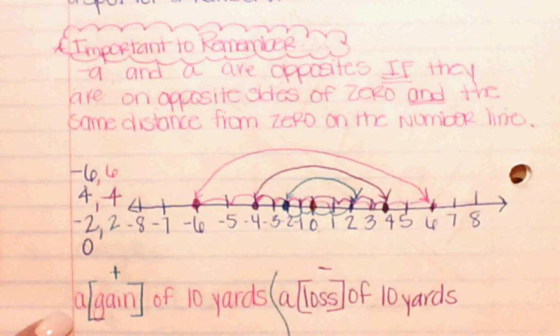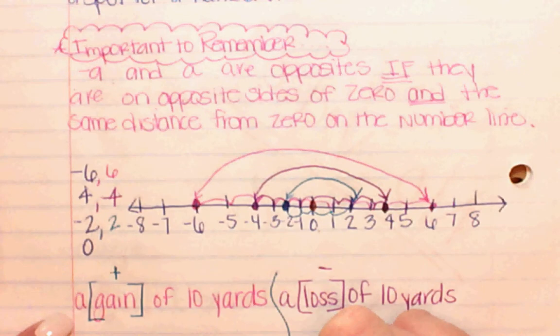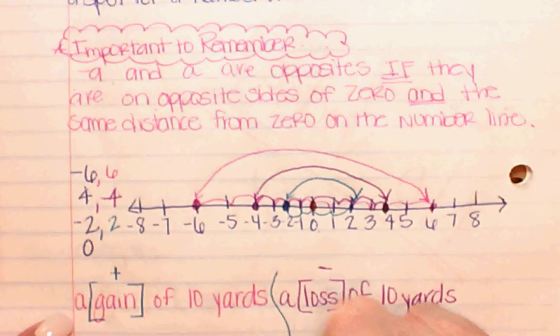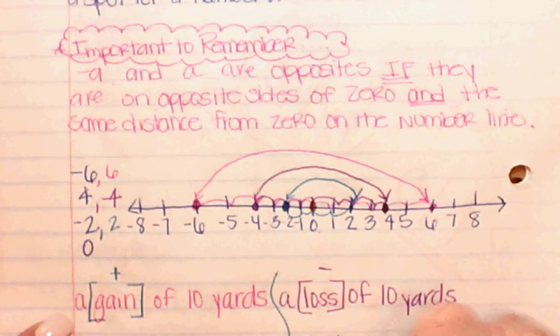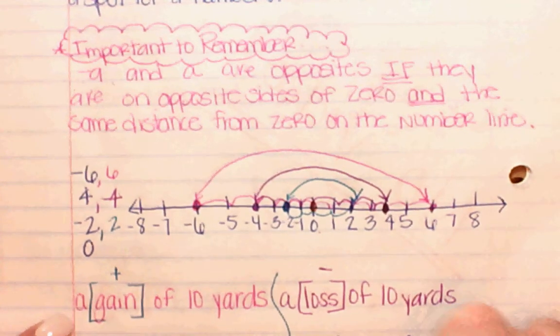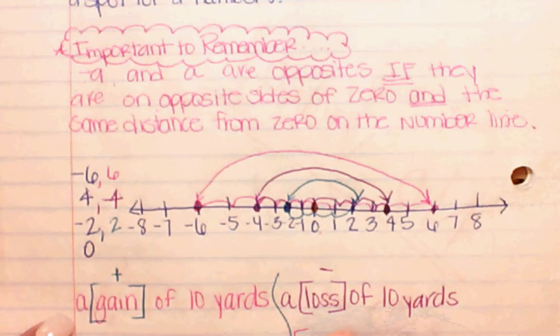Now you can't just use any word, it has to make sense in the context of the story. So let's put a withdrawal of $10. Key word here is withdrawal.